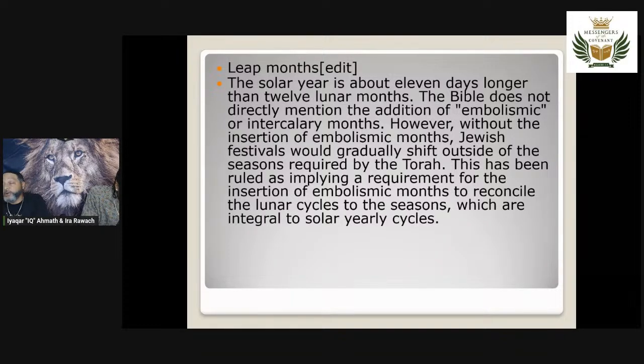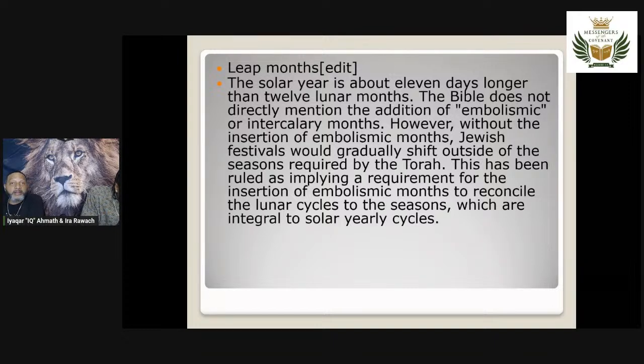We use two different methods to get to 719, right? We use the lunar and we use the solar. Everybody following? We got 365 days from the solar, 354 from the 11 days longer than the 12 months. We got 719.